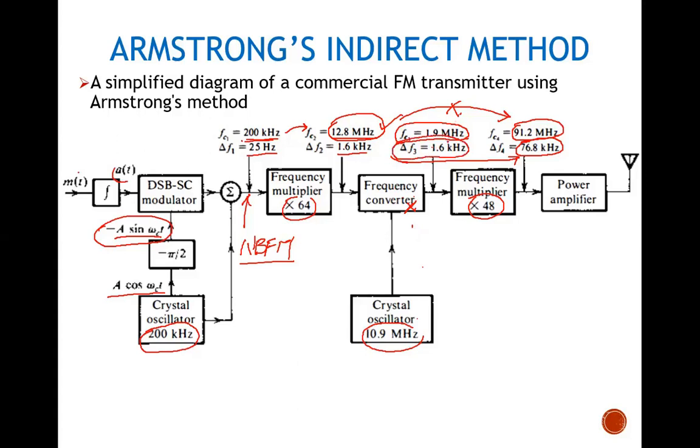It only changes the carrier frequency, which has been brought down to a lower frequency of 1.9 megahertz. After this, if you multiply it with the frequency multiplier, as before, we can get our desired FM signal, which is now a wideband FM signal. We can then use a power amplifier and transmit it through the antenna.